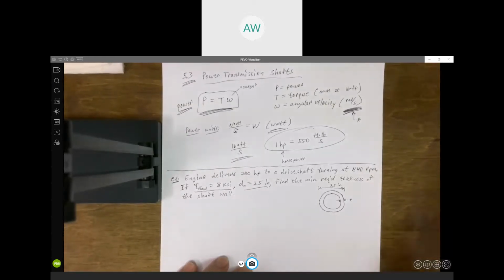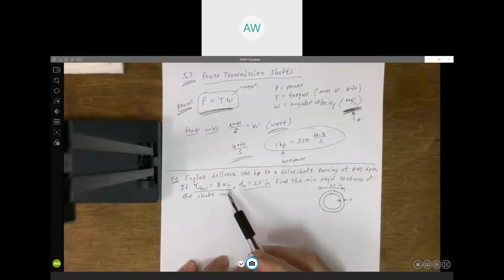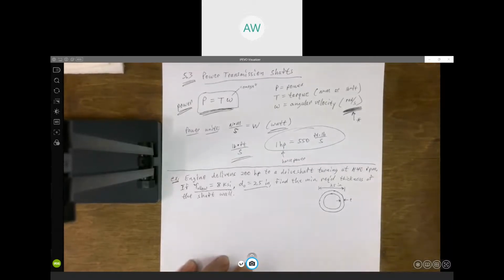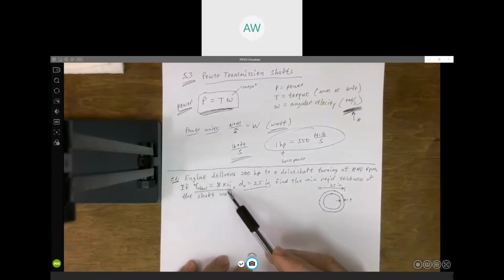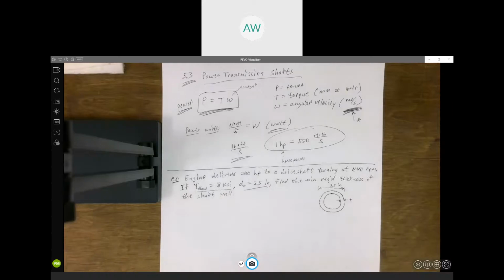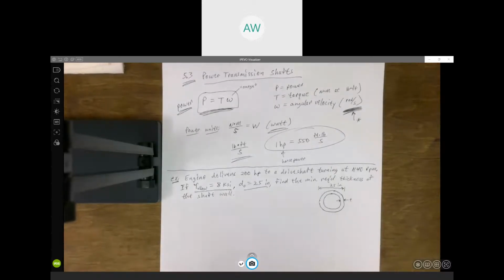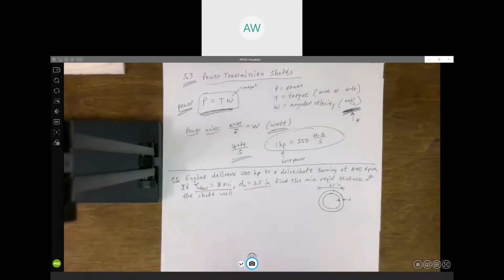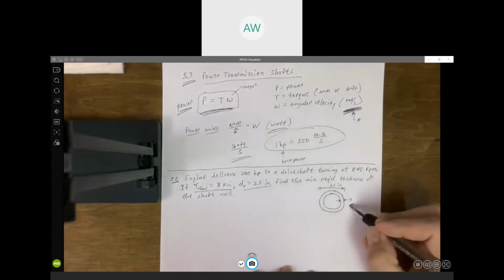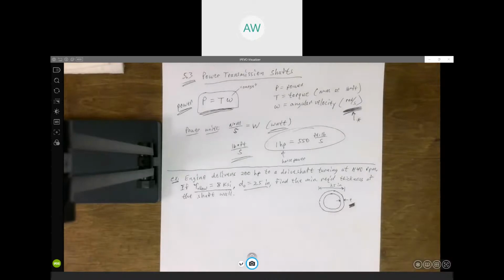If it's too thin, our stress will be too large. And again, we could make it really, really thick and have a stress lower than that. But in the engineering world, you always want to try to optimize. You don't need to make it thicker than is necessary. That's what we're after: what's the minimum thickness in this wall so that we don't exceed 8 KSI.